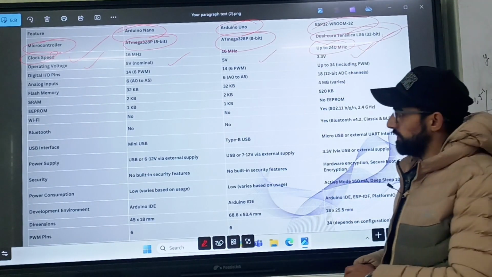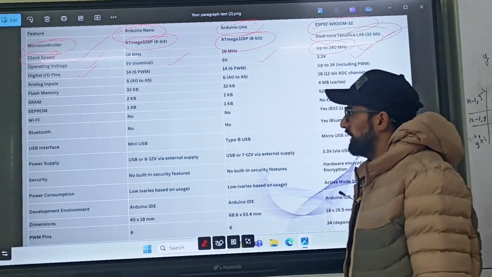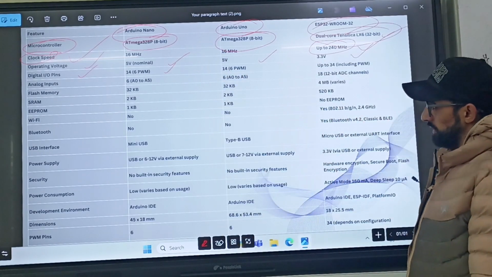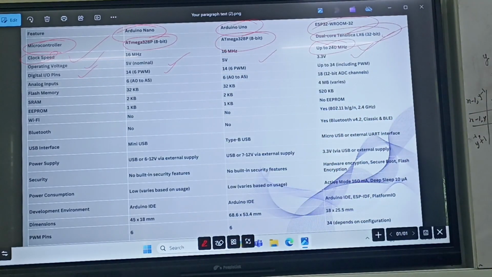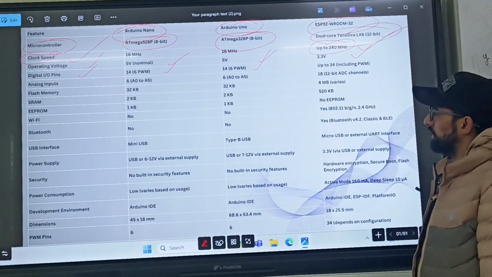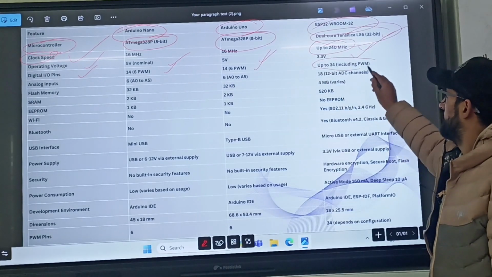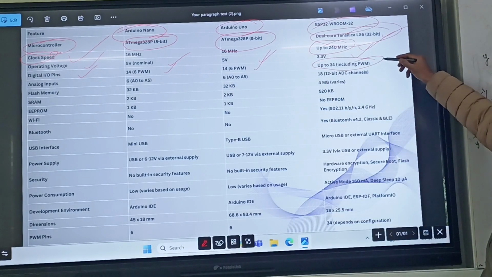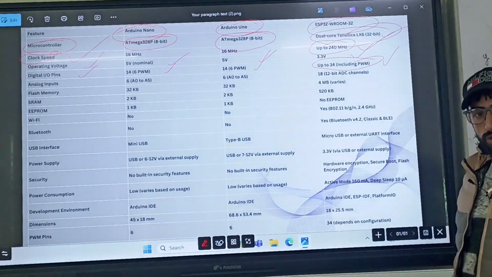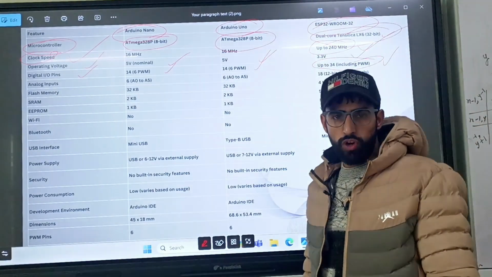Now talking about the digital input output pins. Arduino Nano has 14 IO pins with 6 PWM pins. Same in Uno, 14 pins with 6 PWM pins. But in ESP32 there are up to 34 pins including PWM pins. Remember that. Now talking about the analog pins.